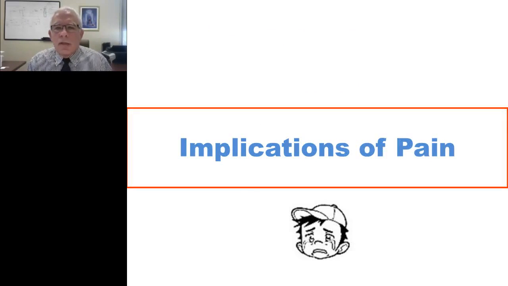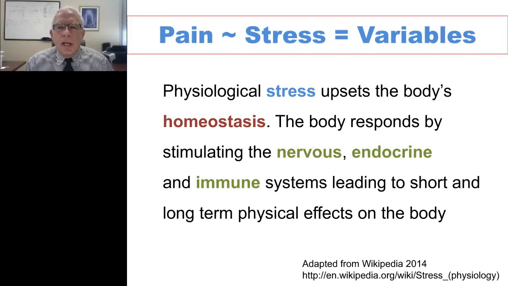So let's talk about the implications of pain for a little bit. Pain is a form of stress, and stress and pain lead to variables. So let's define stress. Physiological stress upsets the body's homeostasis.